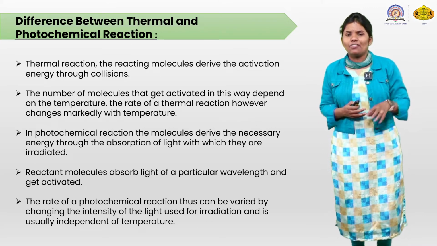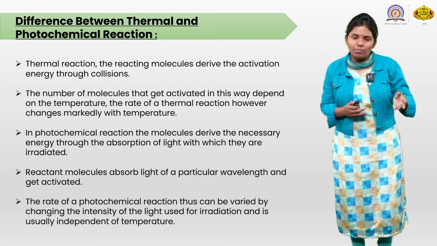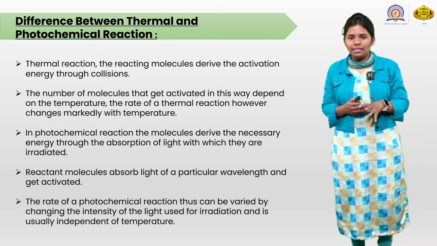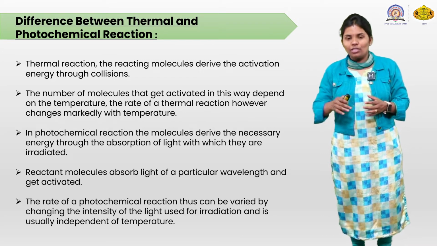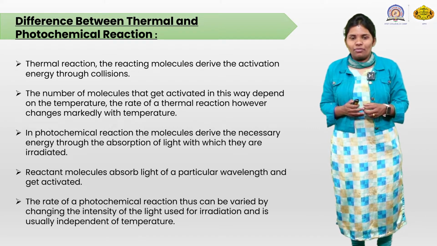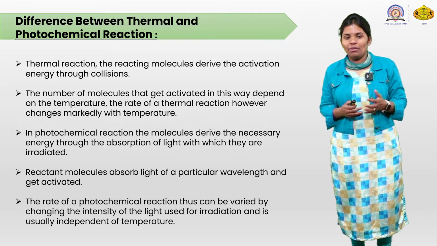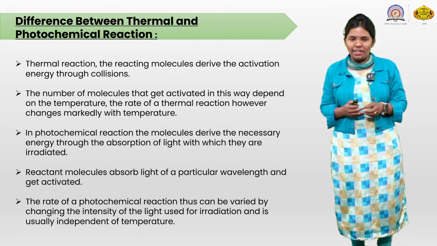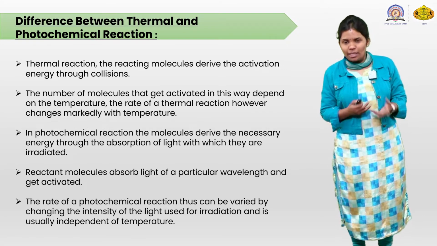The reactant molecules absorb light of a particular wavelength and get activated. The rate of photochemical reaction can thus be varied by changing the intensity of light used for irradiation and is usually independent of the temperature.